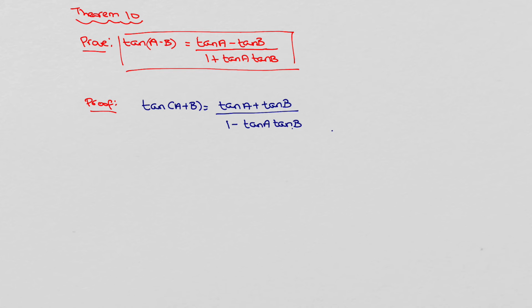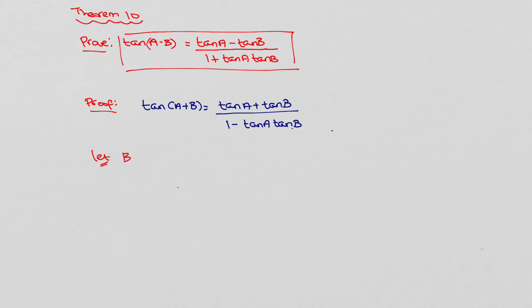So again, if I compare theorem 9 to this one, you can see that everything is the same except for the sign. So it's plus, minus, plus, minus. So therefore, if the only thing that's different is the sign, well, it's the same as we've seen before.